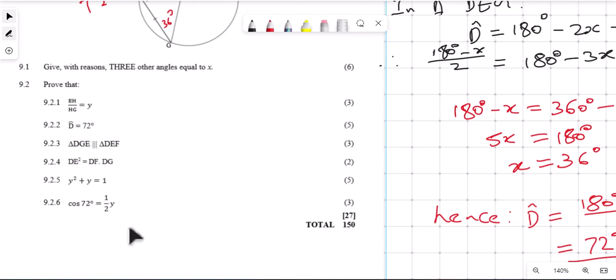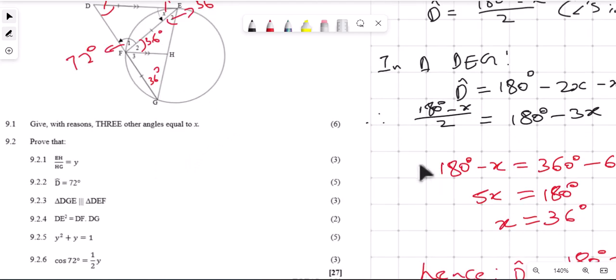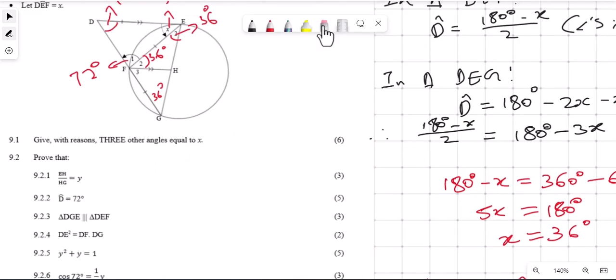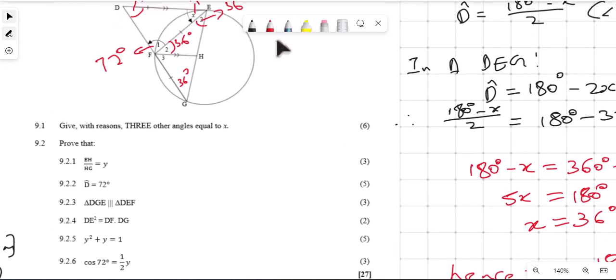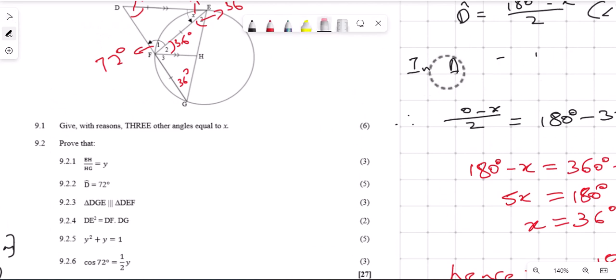So let's go. Let me try to write here. I don't think I'll finish. Let me try to write this side.